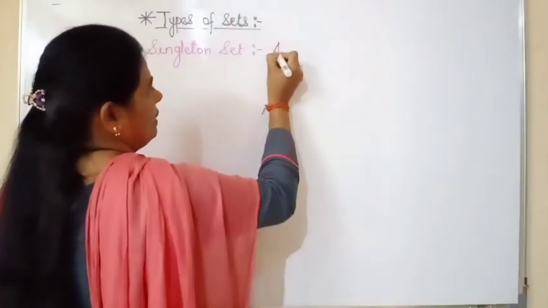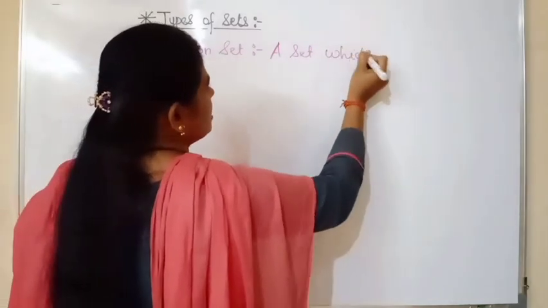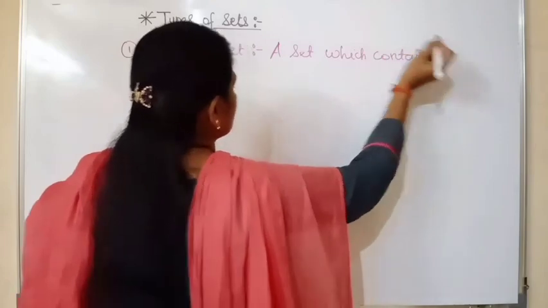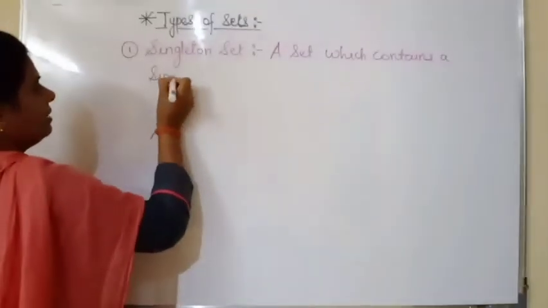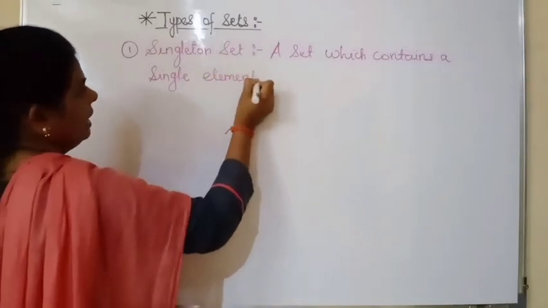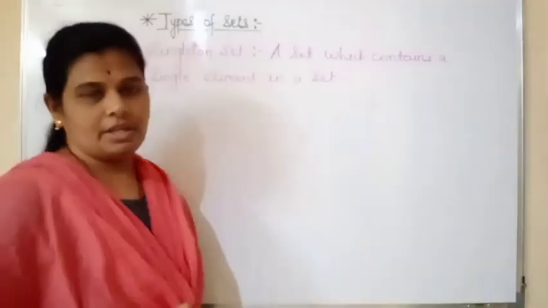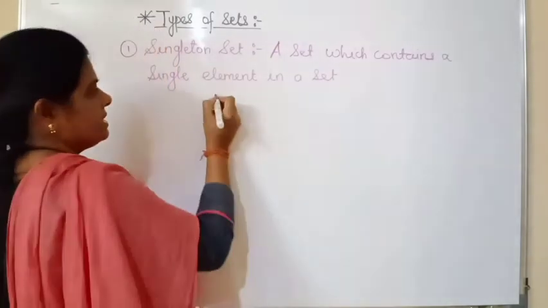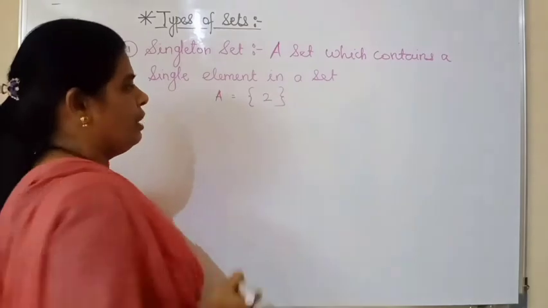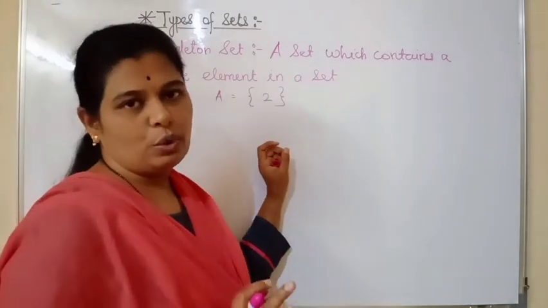So the definition: a single element in a set is called a singleton set. For example, set A is equal to {2}. If a single element is there in the set, it means that this is a singleton set.